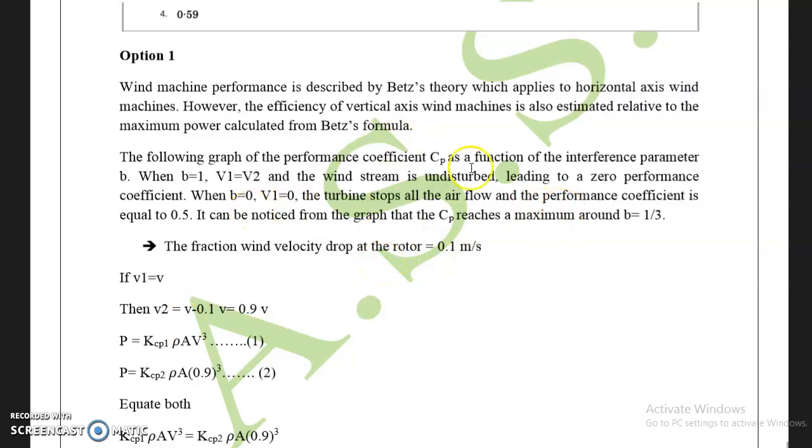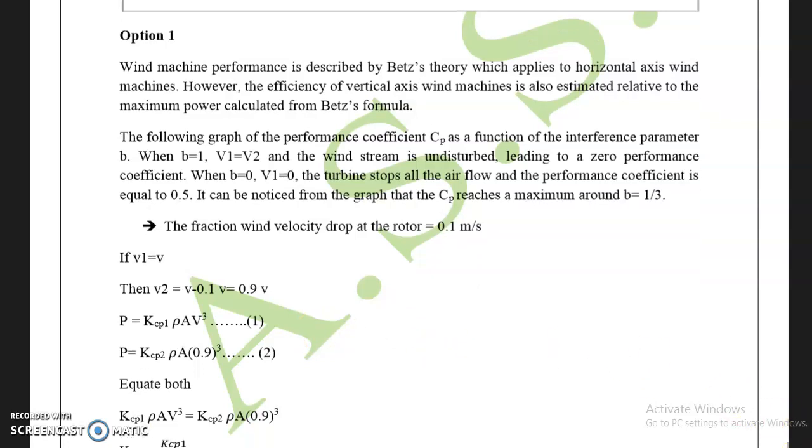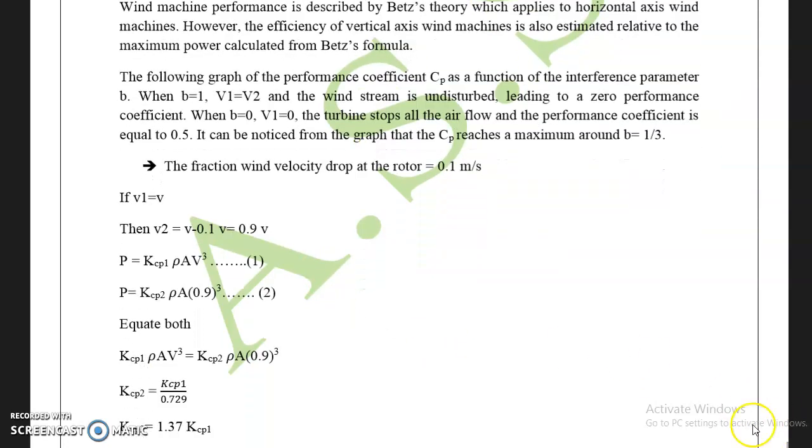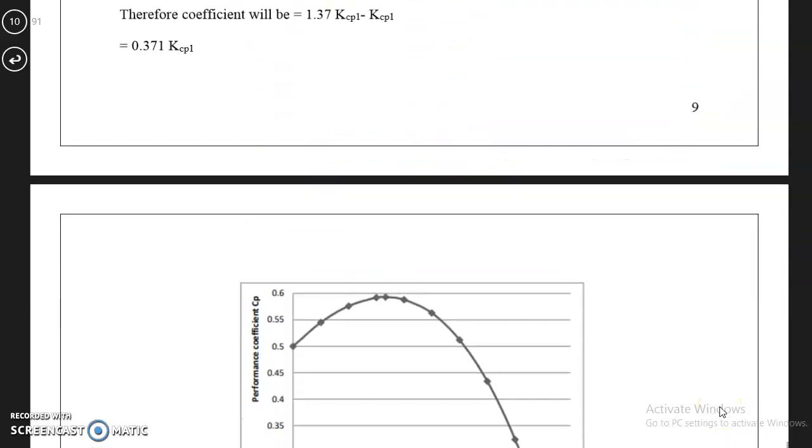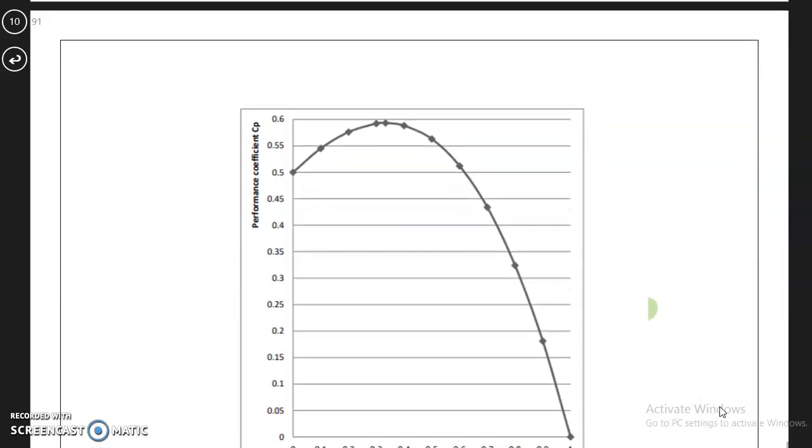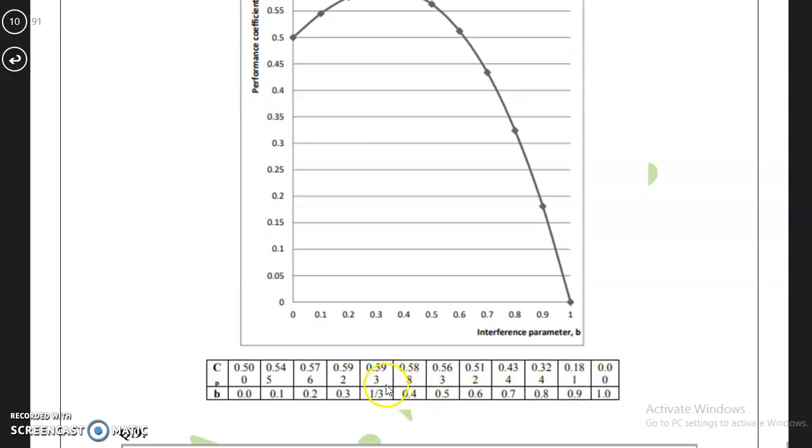when the interference parameter B is equal to 1 by 3, this coefficient of performance reaches its maximum, that is 0.593. It can be seen in the graph also that we have attached below, and you can see that when B is 1 by 3, coefficient is 0.593.